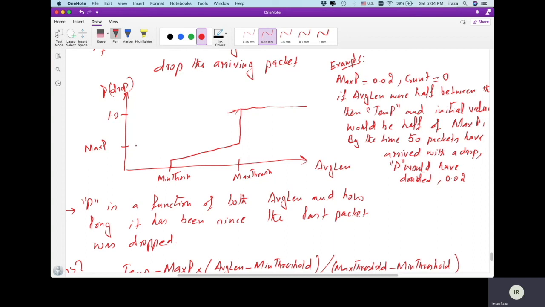So here we were assuming that max P is 0.02 and the average length is between these two threshold values, and we are slowly increasing P, and by the time we have 50 packets without a drop, the probability is equal to max P, which is 0.02. And if we still believe that there has been no drop, which is very unlikely, the probability will become 1 in this case, and every other packet will get dropped from the queue, right?